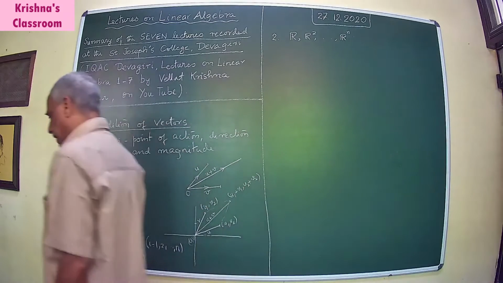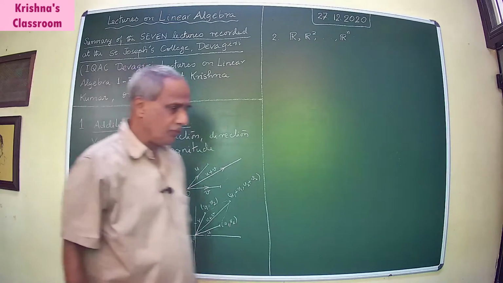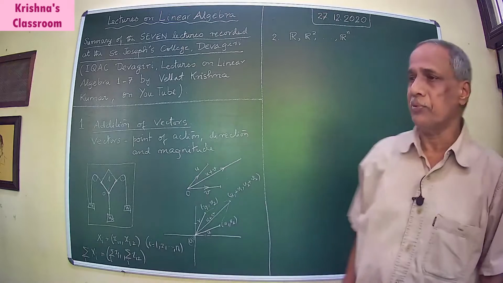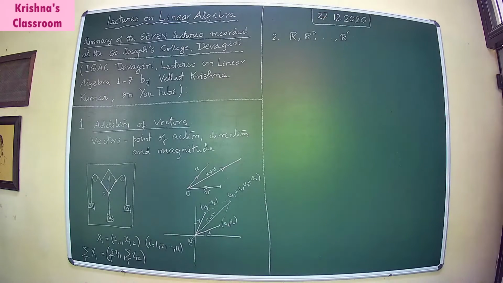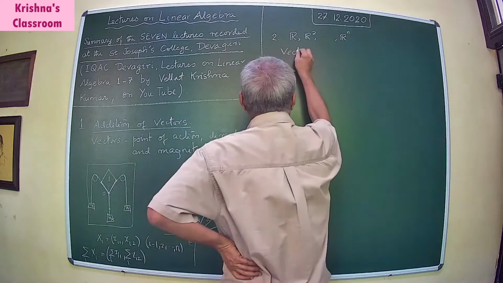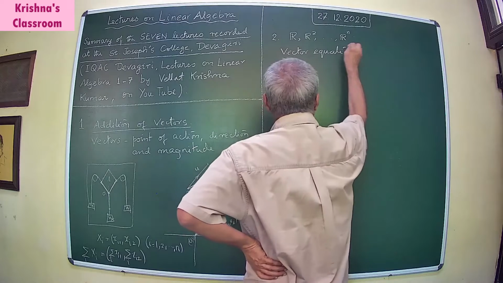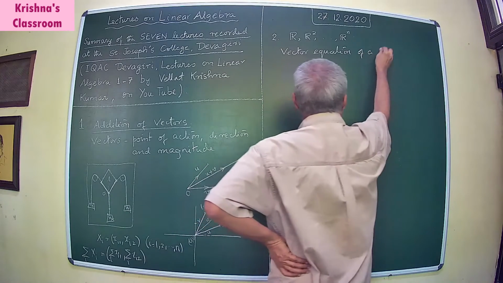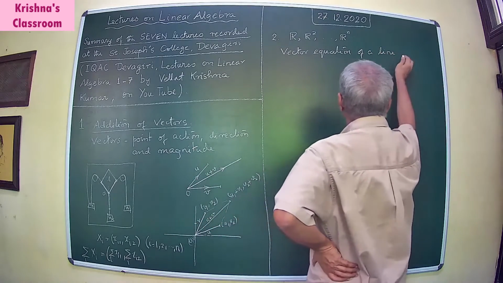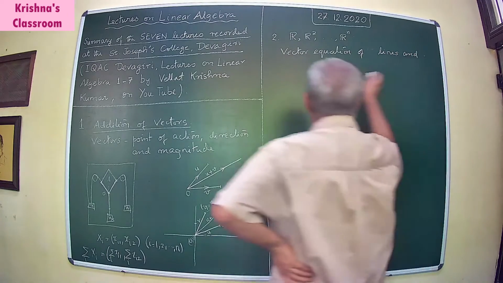Then we did some groundwork for some of the computations that you may have to do, and we looked at what is called the vector equation of lines and planes.